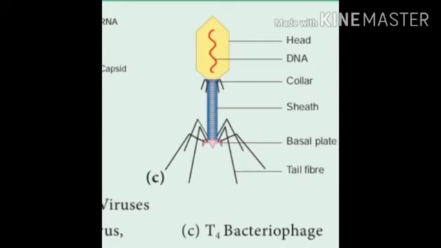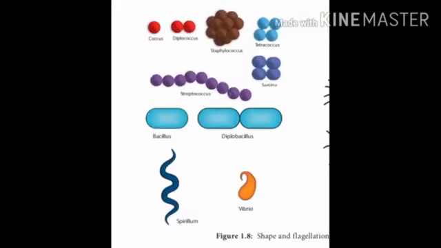Practice drawing this diagram. Another additional question would be structure of bacteria, different shapes of bacteria. There are basically 4 shapes: spherical, rod shaped, spirillum, a spring shape, and comma shape.